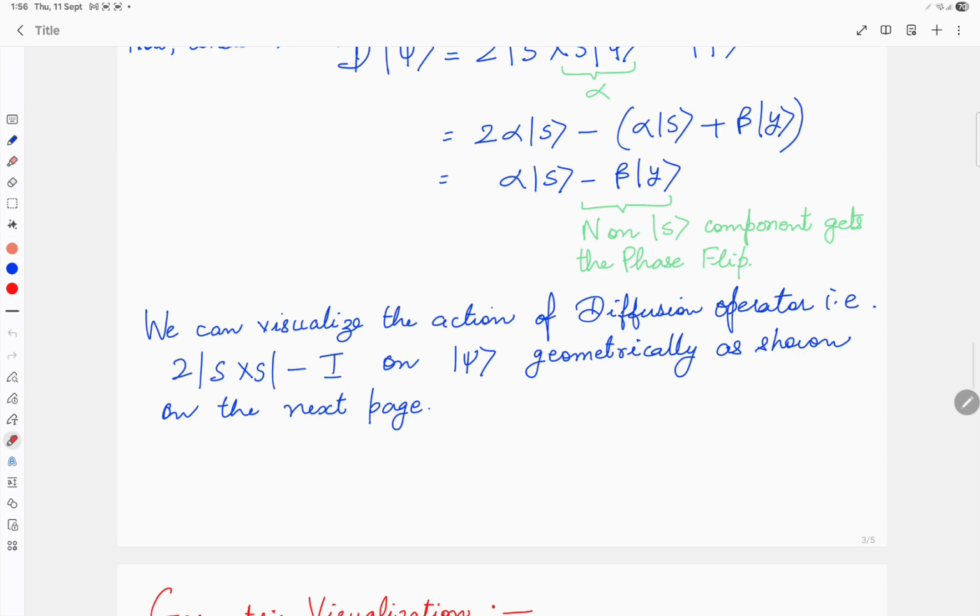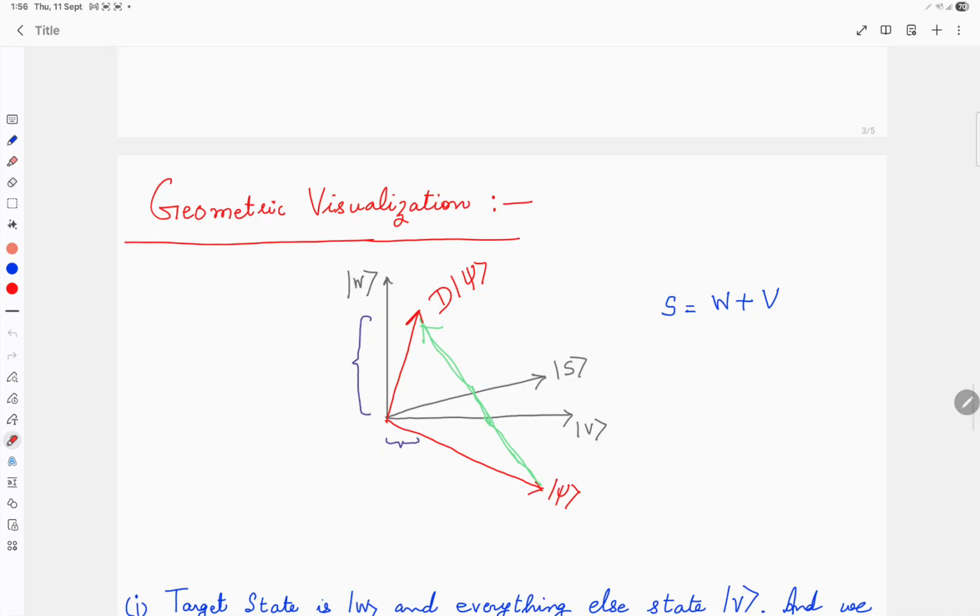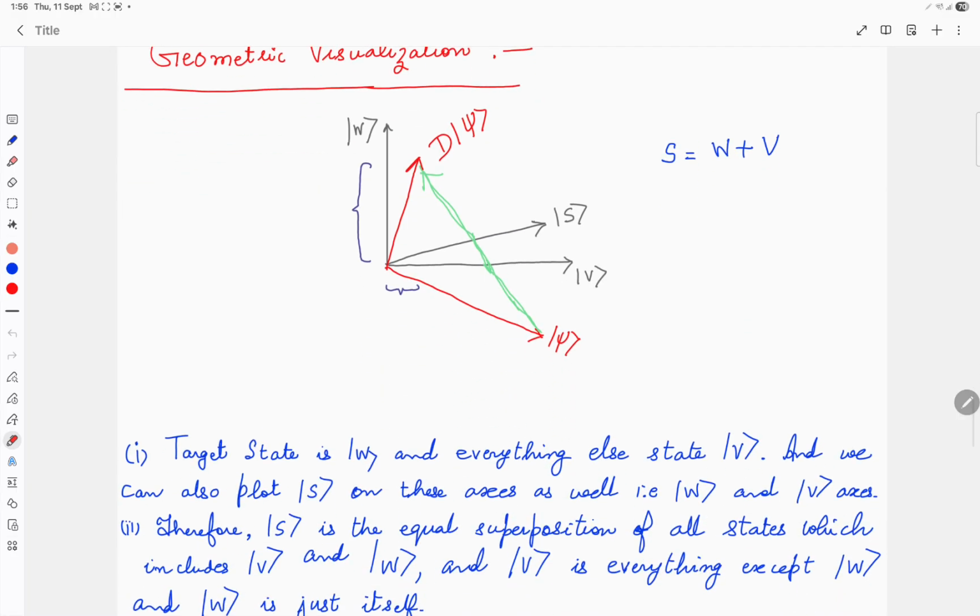Now we can visualize the action of the diffusion operator, that is 2 outer product of S minus I, on ket psi geometrically. So let's try to understand the geometric visualization.